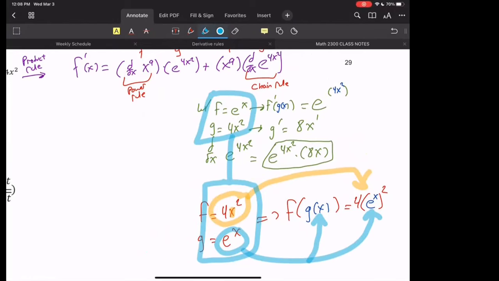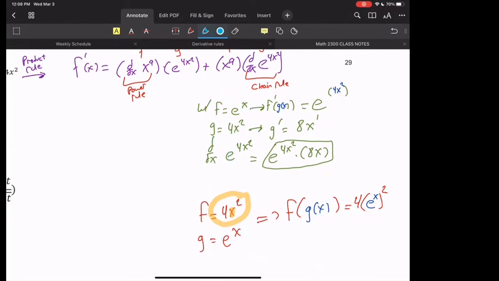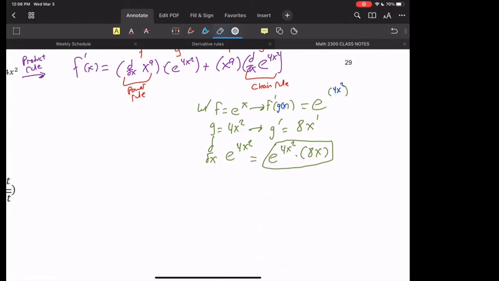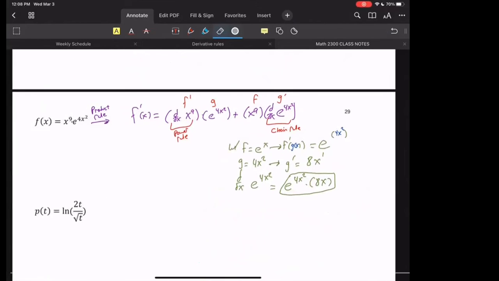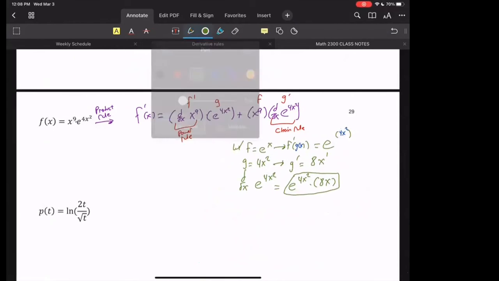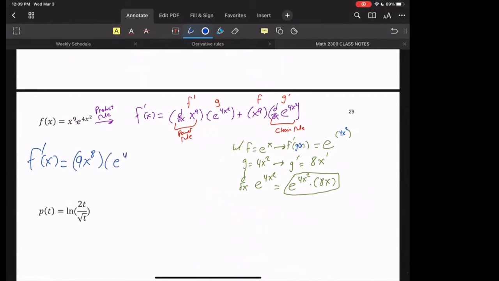I'm going to write down the final answer here. We've got all our components. I'm going to erase this stuff. And so our final answer, let's do it in blue: f prime of x using the product rule is what we just wrote down on the right. The power rule on x to the 9th is 9x to the 8th, times e to the 4x squared.